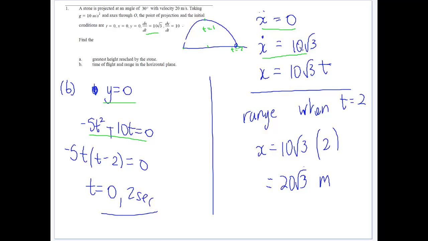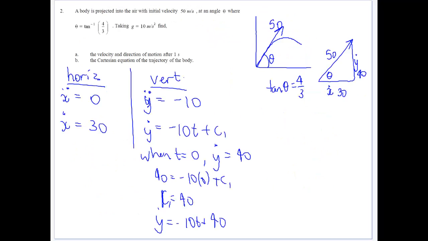So that's where we get the 10 root 3 from. Integrate again to get our position. So it'll be 10 root 3 times t plus our constant of integration. Because we started at the origin, that would be 0. So when t was equal to 2, we sub that into that statement. We get 20 root 3 meters. So that's how far it travels in those 2 seconds, because it started at 0 and finished at 20 root 3. So that's where we get our range in the horizontal plane.